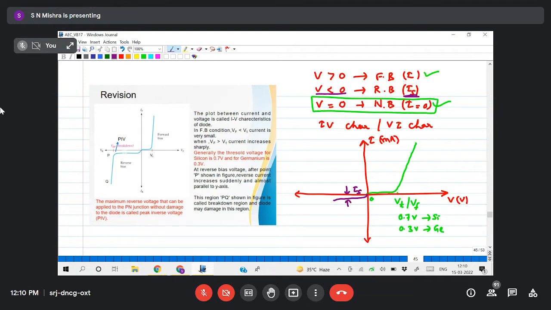But if you increase the reverse voltage further, then after a certain voltage, suddenly the current will increase. At this point the current will increase, and the huge amount of current can also break the diode, meaning the diode can burn. So this is called breakdown voltage.